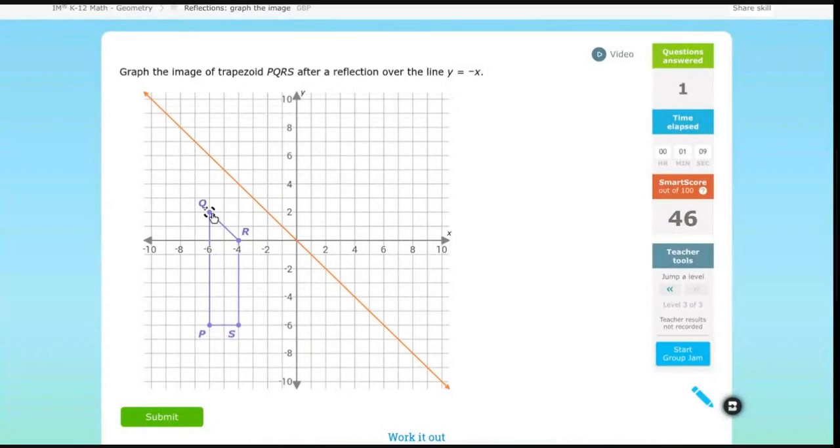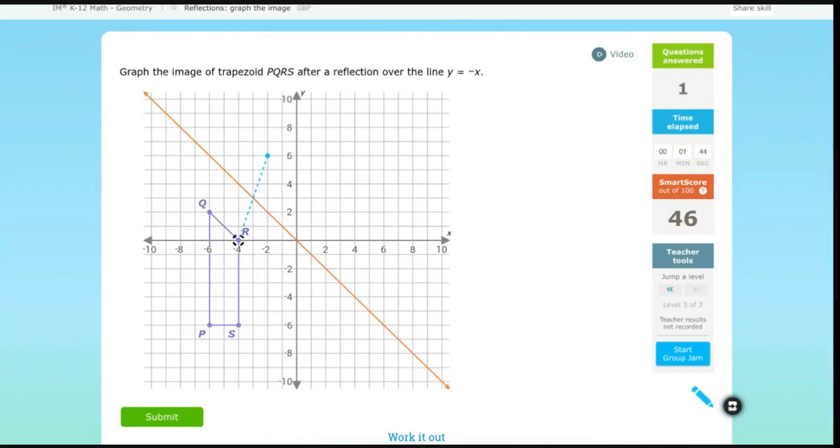Notice that point Q is 1, 2, 3, 4 spaces away from your line of reflection. Since it's diagonal, instead of continuing along that path counting up, we will turn and count to the right 1, 2, 3, 4. And then we'll continue this with each of the other points.